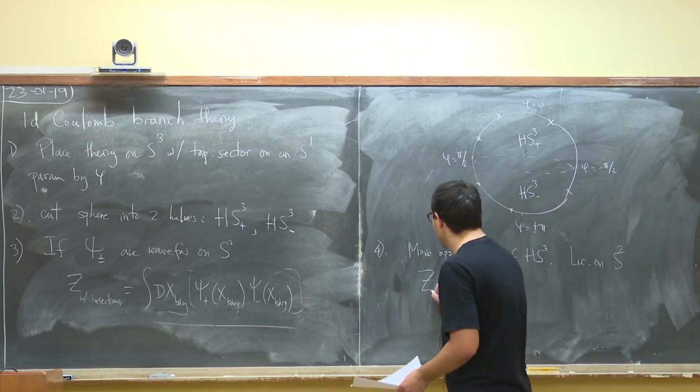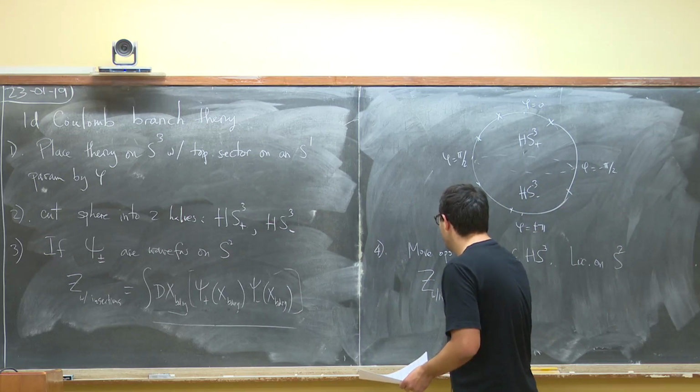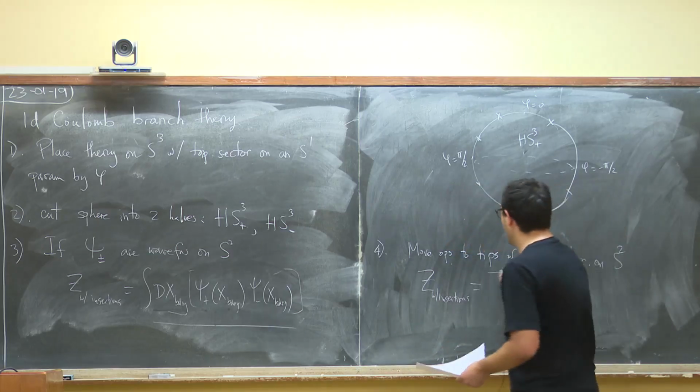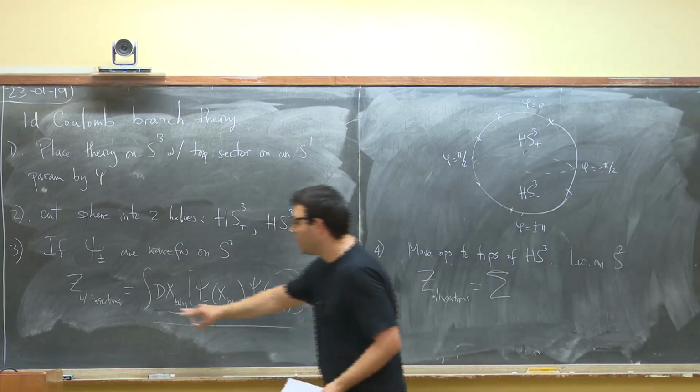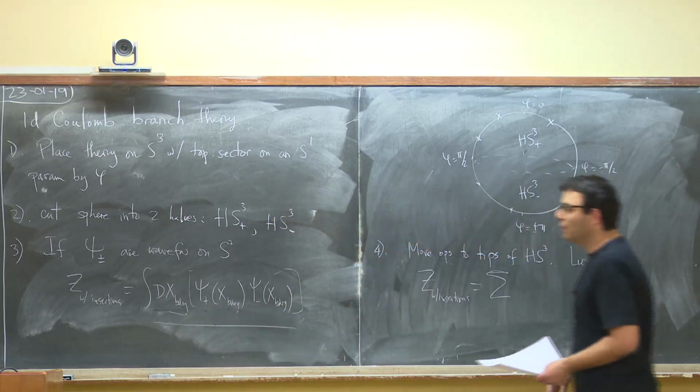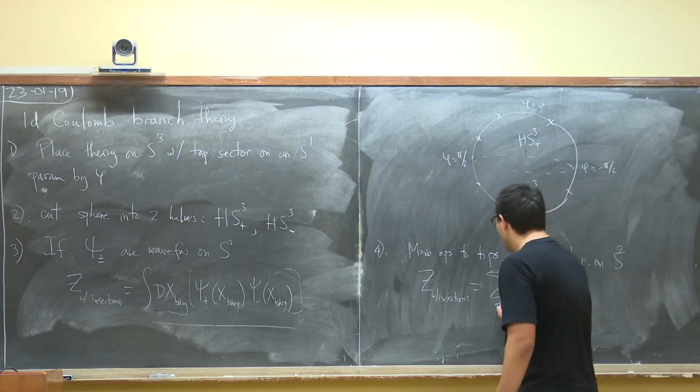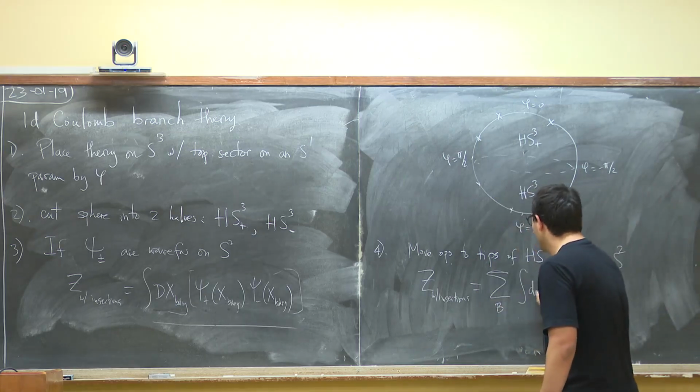So the idea is that this partition function then becomes, instead of an infinite dimensional path integral after localization on the boundary, a sum and an integral. It's the sum over b, integral over sigma.